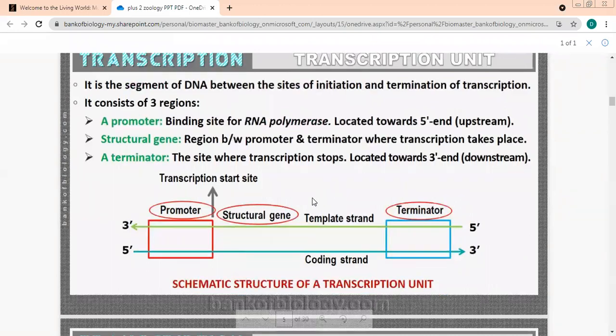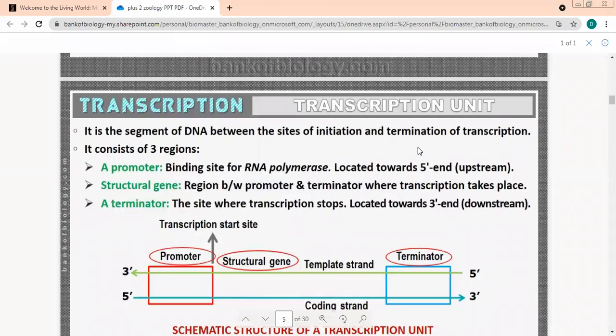Yes, listen now. Look at this, the transcription unit. What do you mean by a transcription unit? It is the segment of DNA between the site of initiation and the site of termination of transcription.